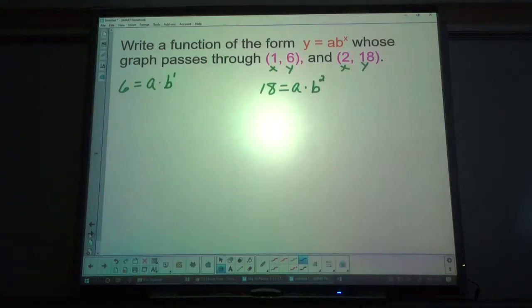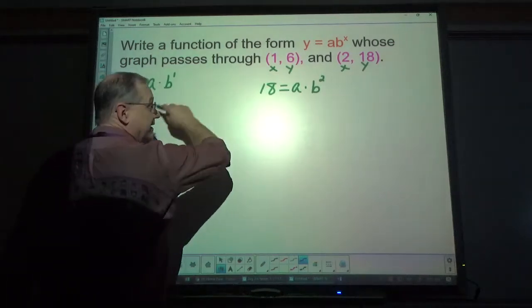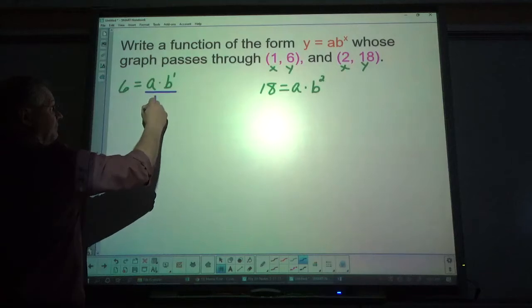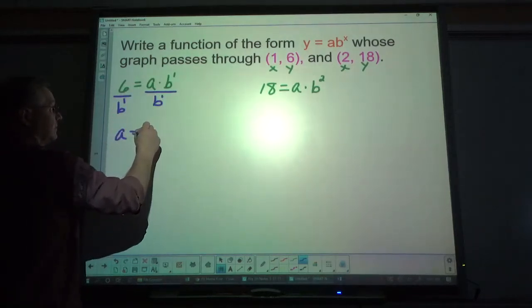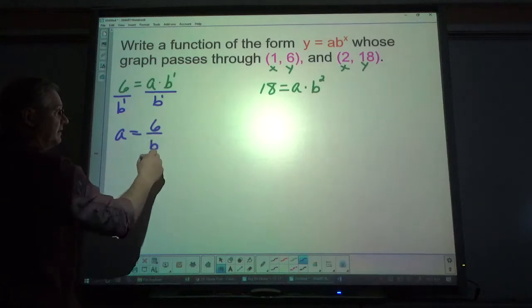All right. So the thing I want to get by itself is the a, because I have the same a in both of them. So I'm going to divide by b to the first, or just b. So a equals 6 over b.